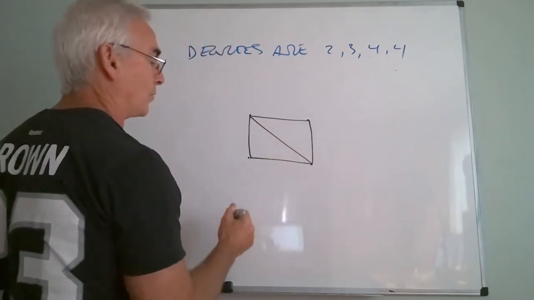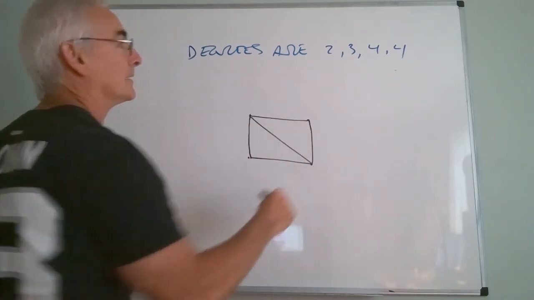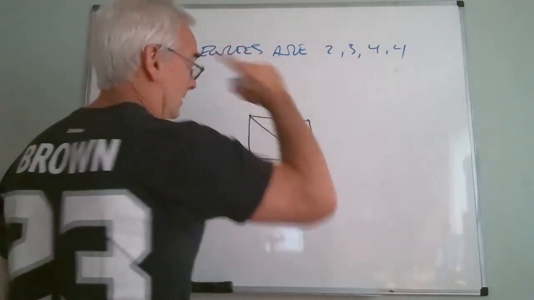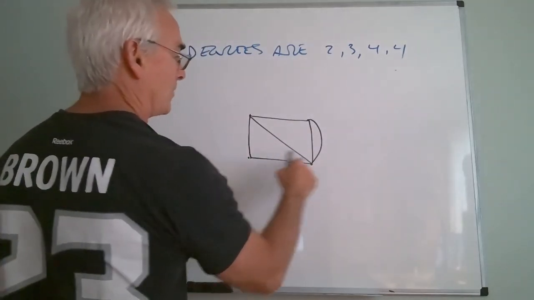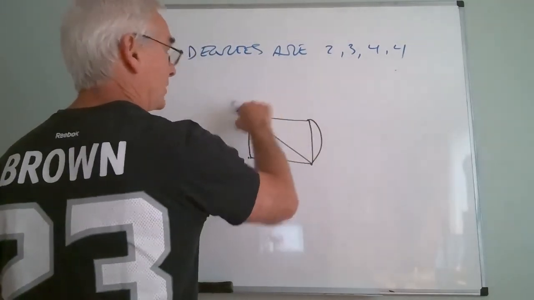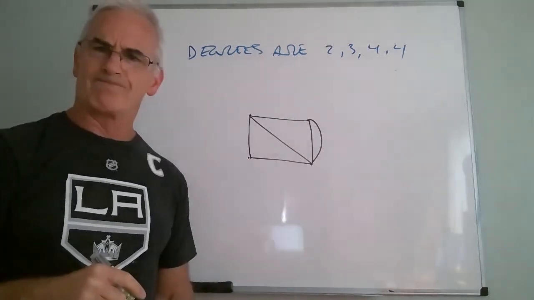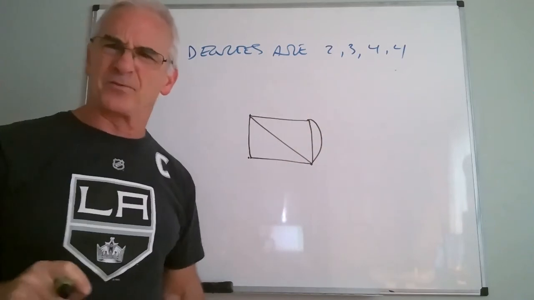Oh, then I just need a 4. I'm now 2, 2, 3, and 3. So I need a 4. Well, I can go like this. So now, okay, now I'm 4, 3, 3, and 2. So I just need one more. Can I get another 4?